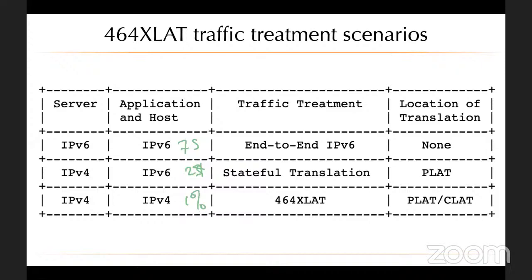That's data from real networks. And in some cases, when the network has much more residential traffic, instead of 75%, it can be up to 90%. Why? Because all the traffic for residential customers is like Netflix, YouTube, Facebook, things like that, and all that is already IPv6 ready. So most of the traffic in a network with majority residential customers will be IPv6.